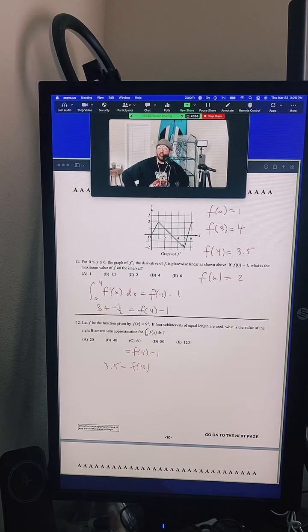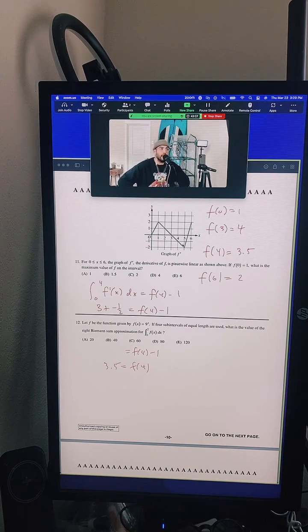I know a lot of people are trying to argue that it's a point of inflection. It can't be D because the function is negative then positive, meaning that it's a minimum. The answer is just saying f of 4, because this means that the function is increasing, going all the way to 3, and then starting to decrease, going to 4.